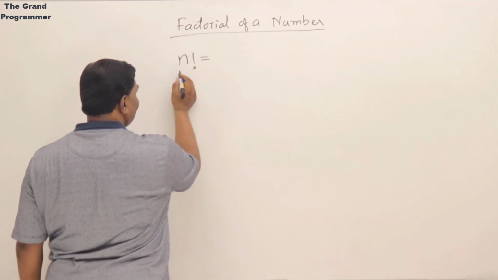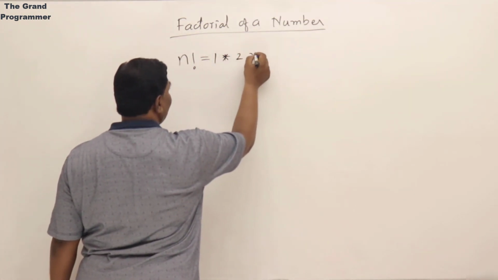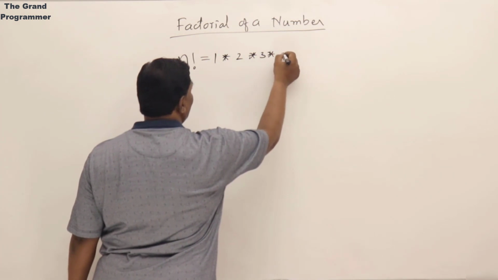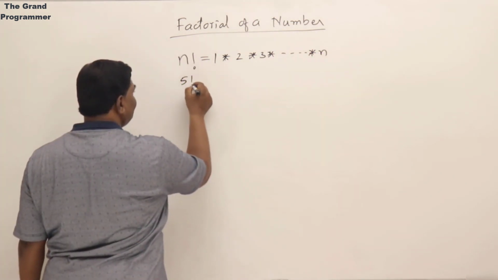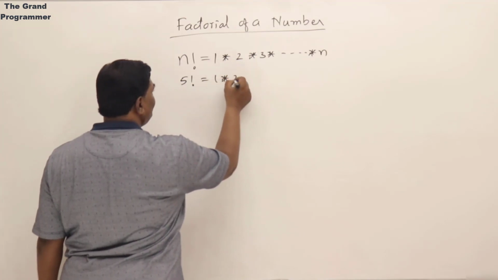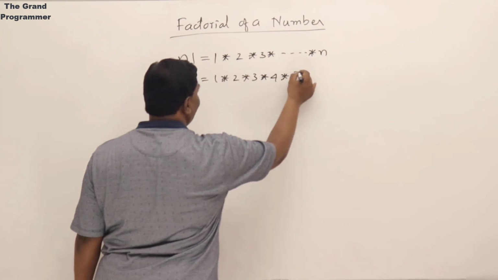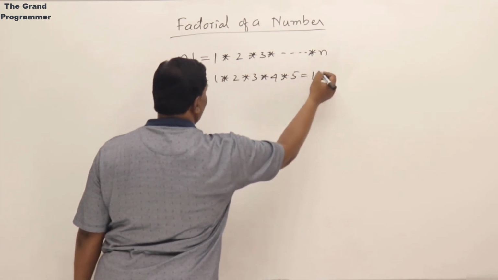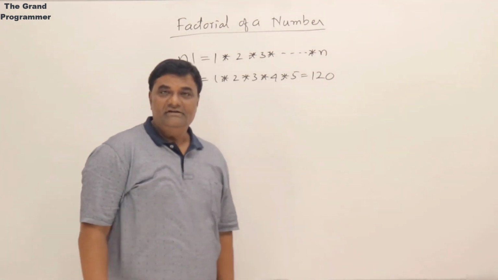Factorial of n means 1 into 2 into 3 and so on up to n. So factorial of 5 is 1 into 2 into 3 into 4 multiplied by 5. So this will be 120. If I multiply all these, I'll get the answer 120.